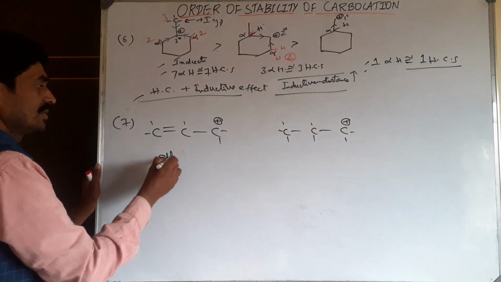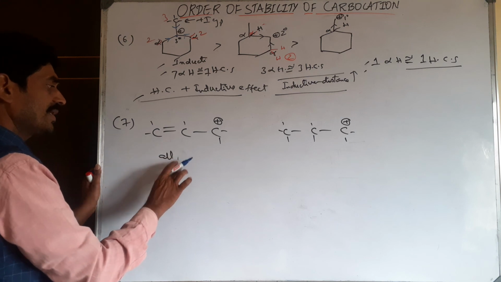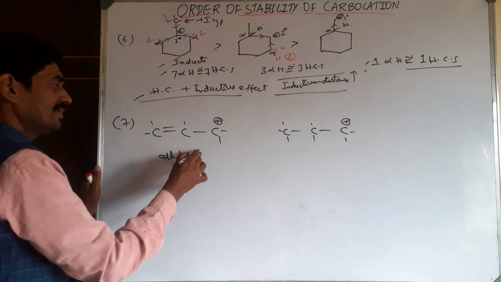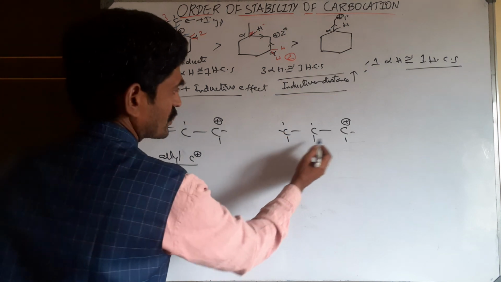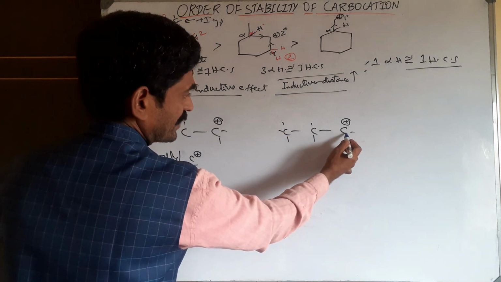This is also a previous year question, my dear students. It is allyl carbocation. So this carbocation has one more carbon.